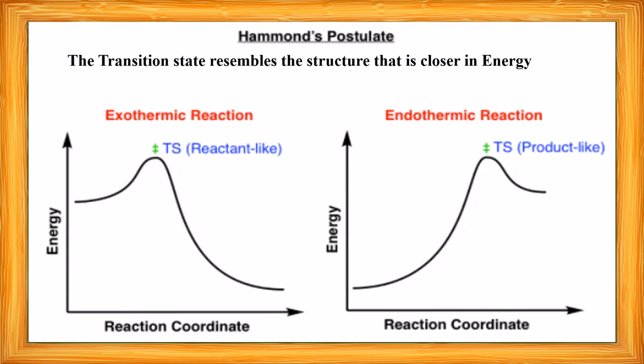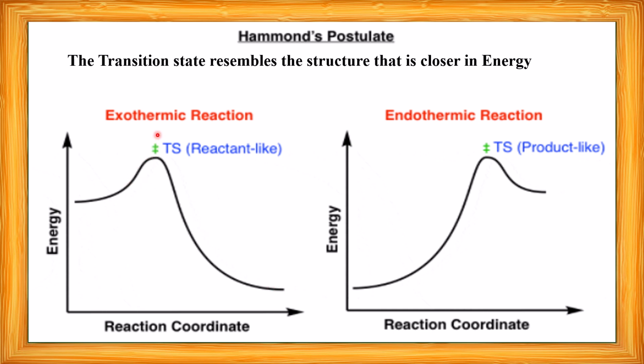According to Hammond's postulate, the transition state of a reaction should resemble the structure of the species to which it is closer in energy. Let us consider the energy profile of an exothermic reaction. In an exothermic reaction, the reactant has higher energy than the product.